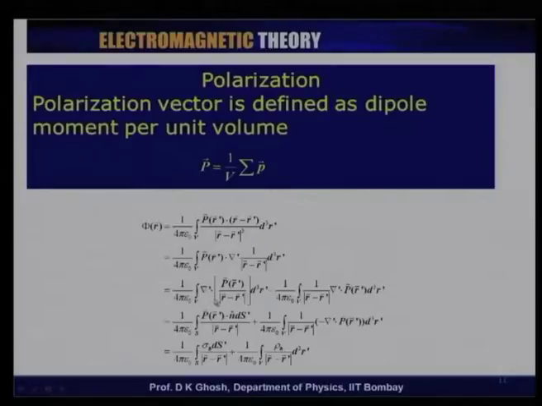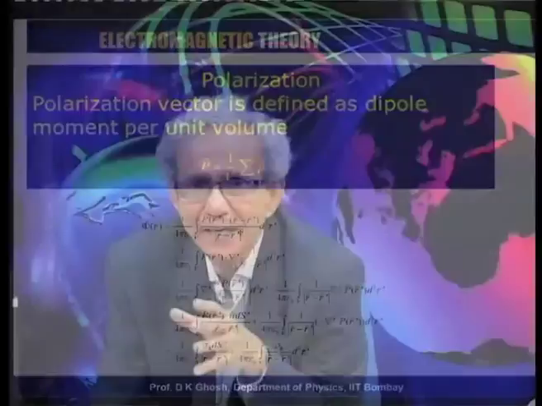Now, this is what I have used. Now, the first term, which is del dot of p of r prime by r minus r prime, integrated over d cube r prime, using the divergence theorem can be converted into a surface integral.